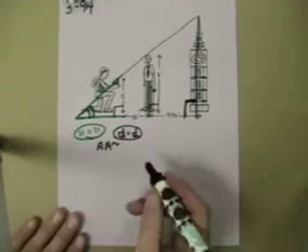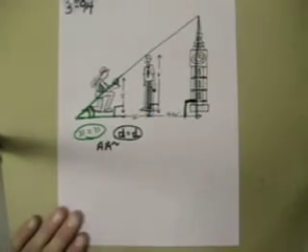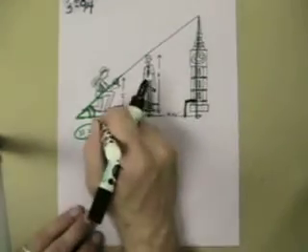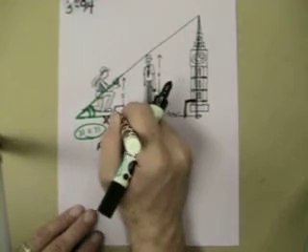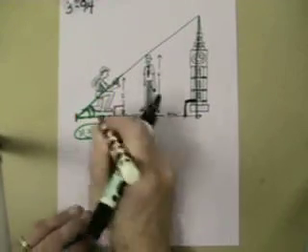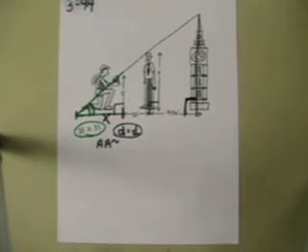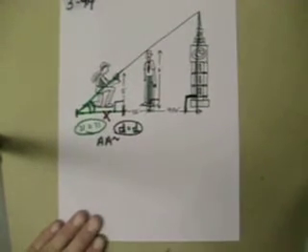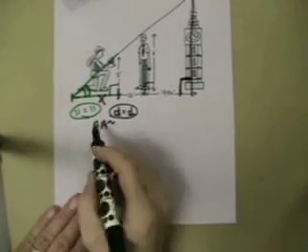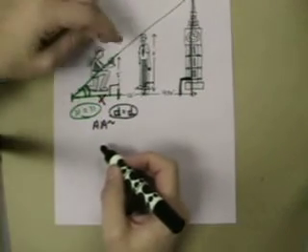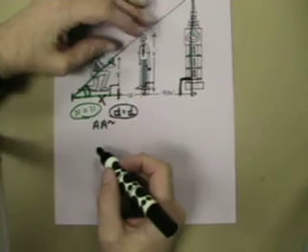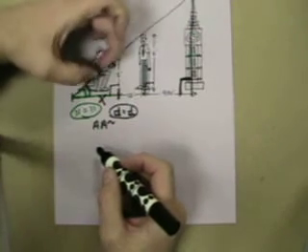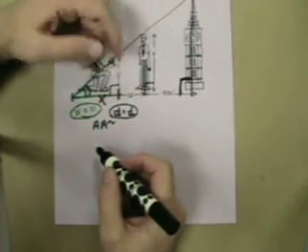Now, let's set up some values. Let's use brown to show x is the distance from here to here. Let's find x using these 2 triangles here.